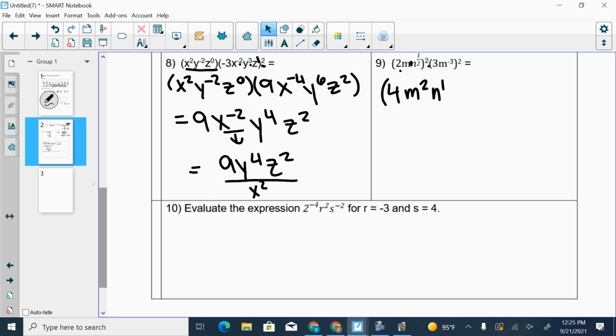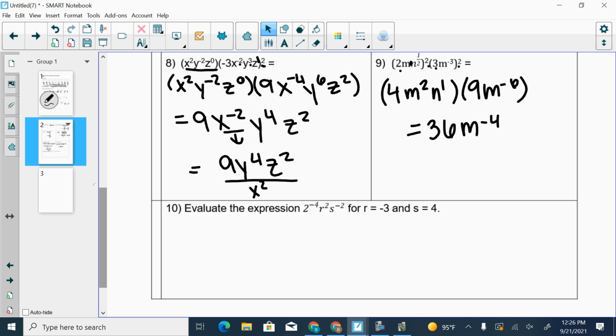All right. In the other parenthesis, again, we're squaring. What is 3 squared? 9. And it becomes m to the negative 6. Nice. And now we can multiply, right? Okay. So what is 4 times 9? 36. All right, and what are we going to get for m when we add? 2 and negative 6 would be negative 4.